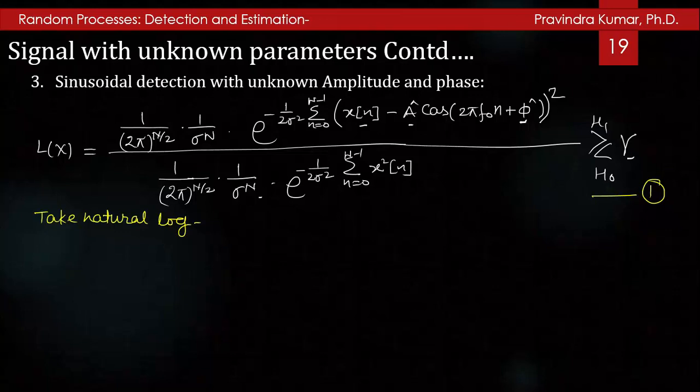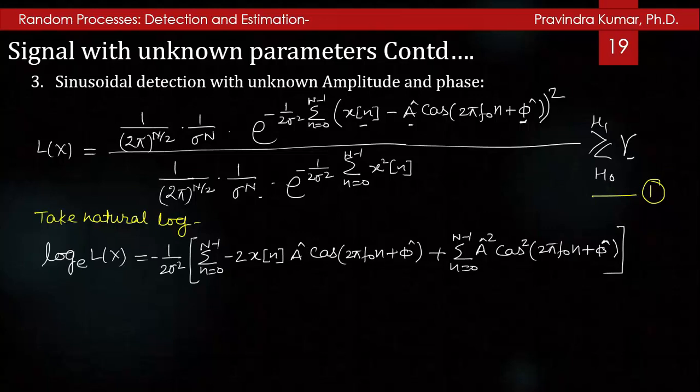So taking the natural log of this likelihood ratio, the log likelihood ratio, log e L(x), will be minus 1 by 2 sigma square into summation n=0 to N minus 1 of minus 2 x[n] estimated A cos(2 pi f0 n plus estimated phi), plus summation n=0 to N minus 1 estimated A square cos square(2 pi f0 n plus phi).